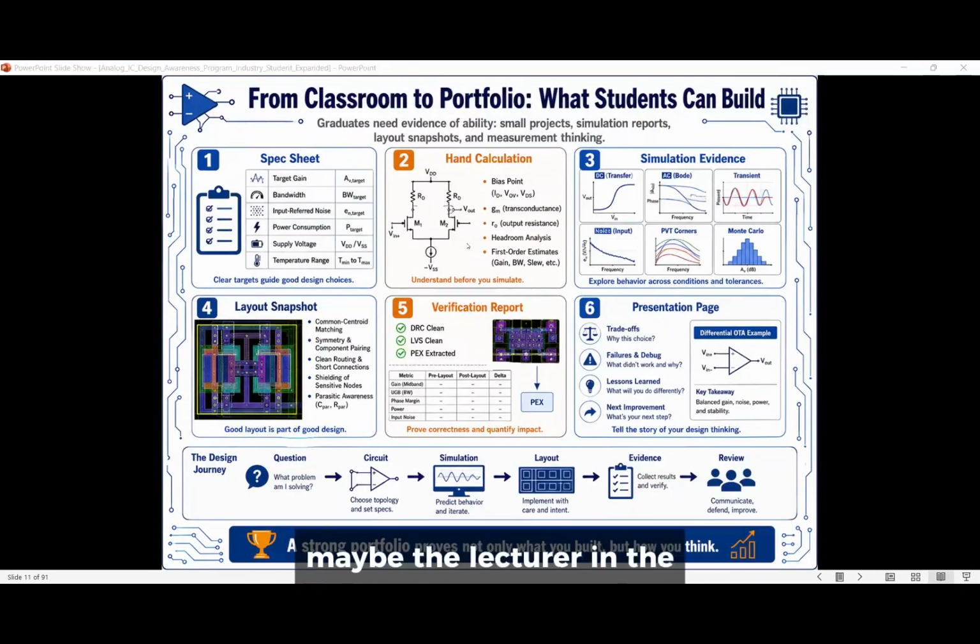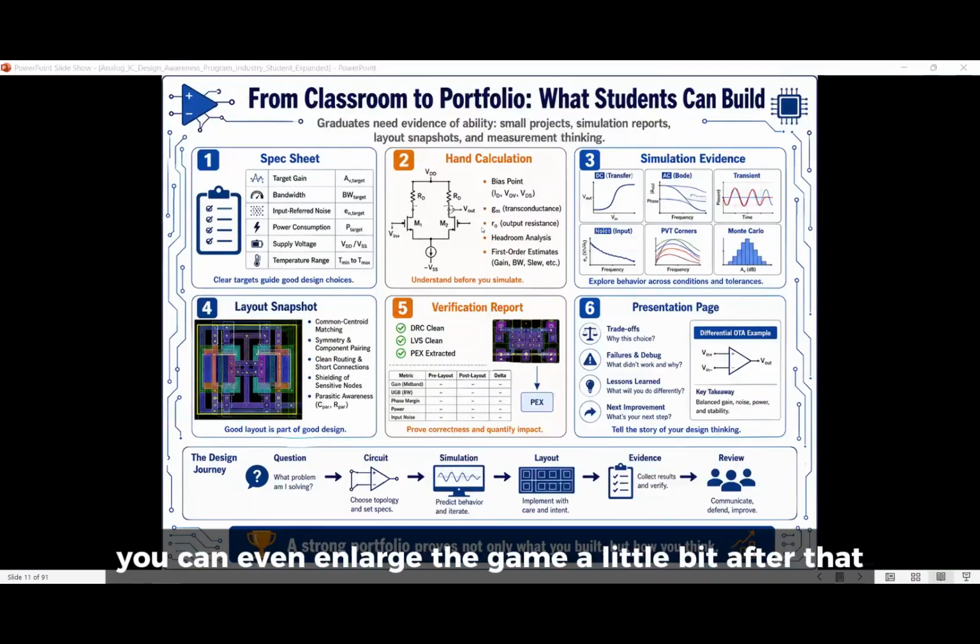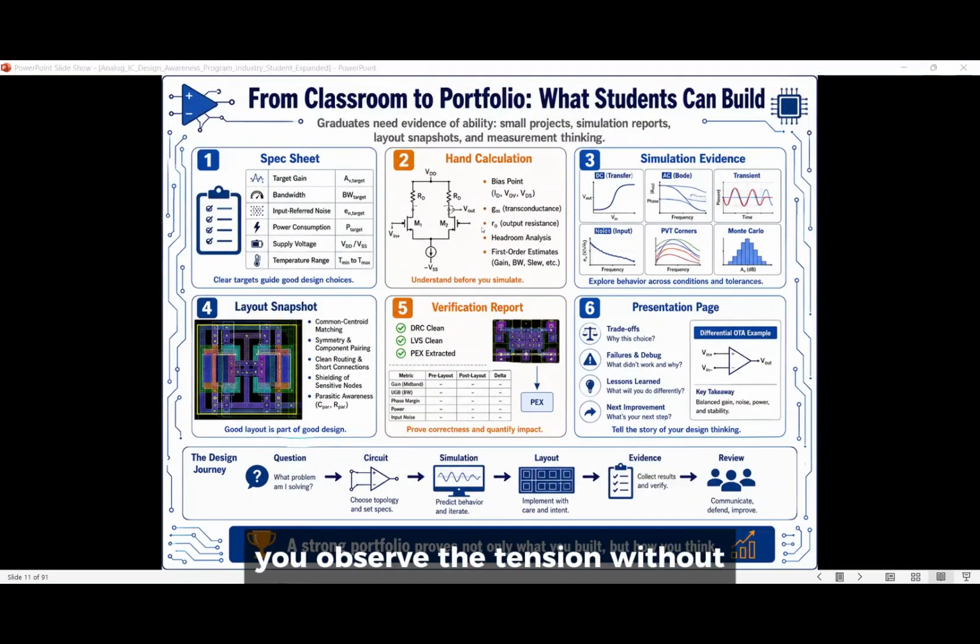Actually, the transient simulation is quite useful when we design an amplifier. Maybe the lecturer at university does not tell you this truth. Why? Because sometimes if you worry about, for example, the phase margin, you can even enlarge the gain a little bit. After that, you observe the transient without giving an input to this amplifier.